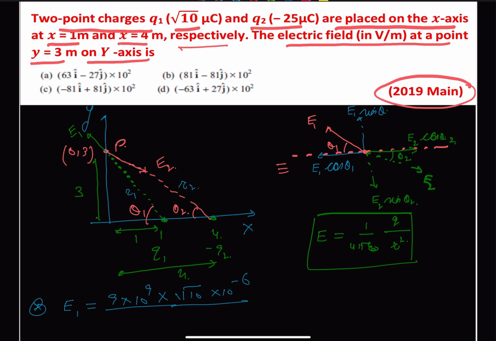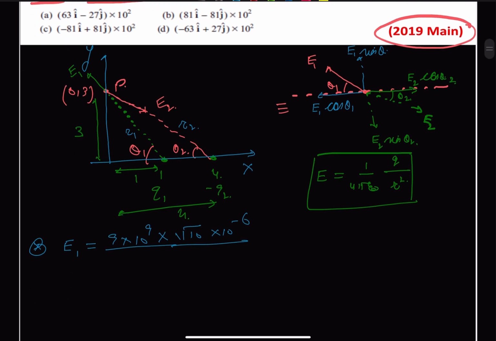R1 will be the square root of 3 square plus 1 square, that is root of 9 plus 1, which is root 10, and it whole square.